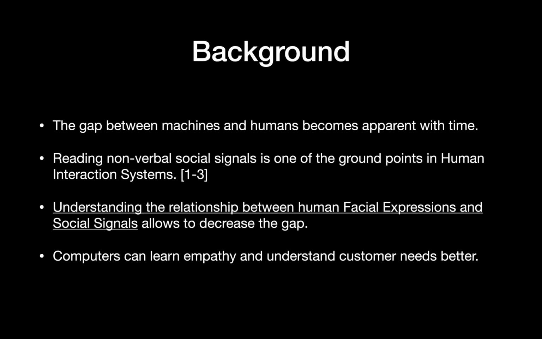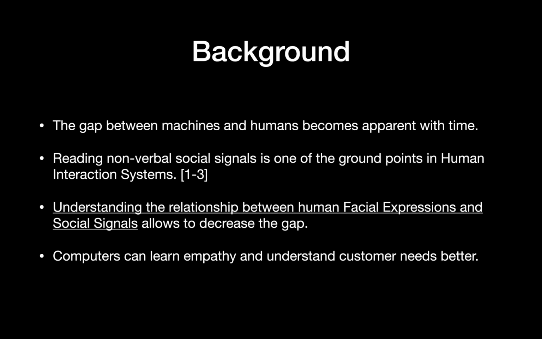To give some background, let us start with the fact that the gap between machines and humans becomes increasingly apparent with time. A lot of information comes from humans non-verbally. We call that signals, and more than 90% of those signals come in a visual way, and reading these visual signals is one of the ground points in human interaction systems.